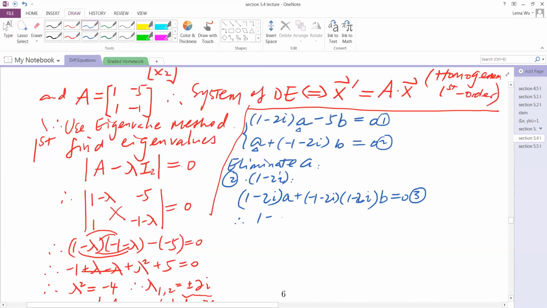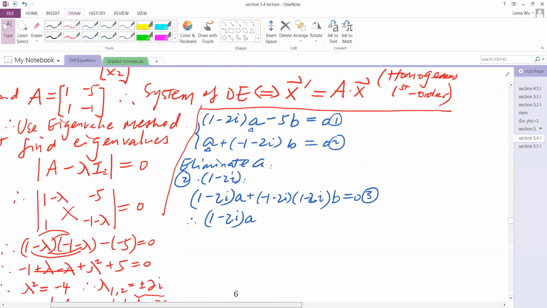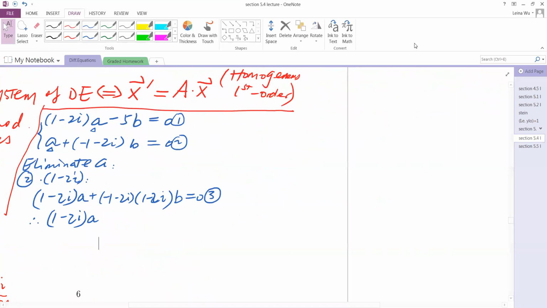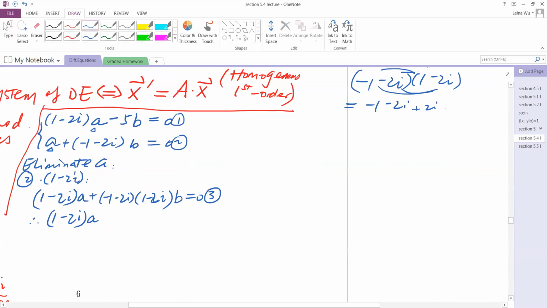Let's simplify this. This is 1 minus 2i times a. I'm going to ask you guys to calculate negative 1 minus 2i times 1 minus 2i. What is that? Negative 1, plus 2i, plus 4i squared?